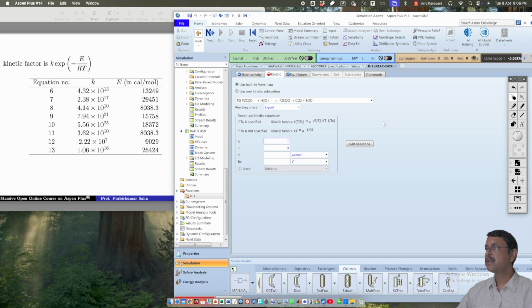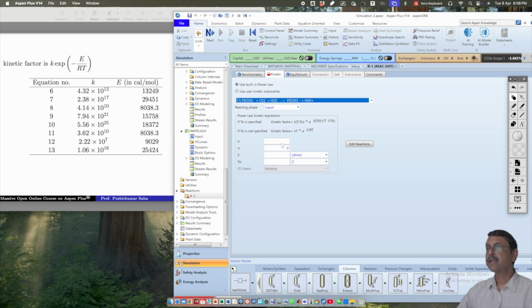Tenth reaction 5.56 E25, 18372 calorie per mole.